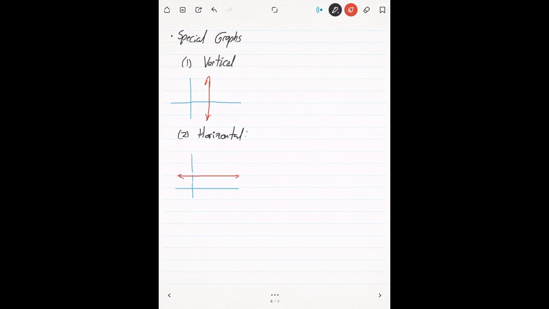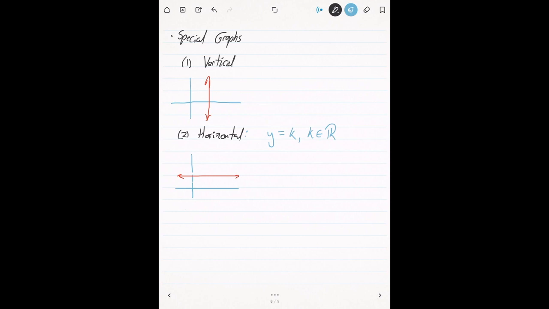Perfectly left and right. Now, these situations are produced when we have very special forms to the equation. So let's take a look at the horizontal example. If you have a horizontal line, you would have had an equation y equals k, where k is a part of the real numbers, okay?